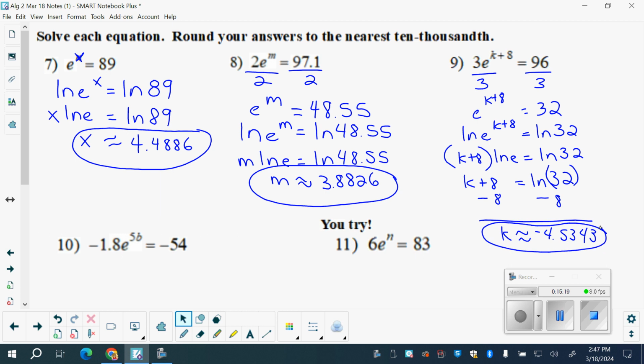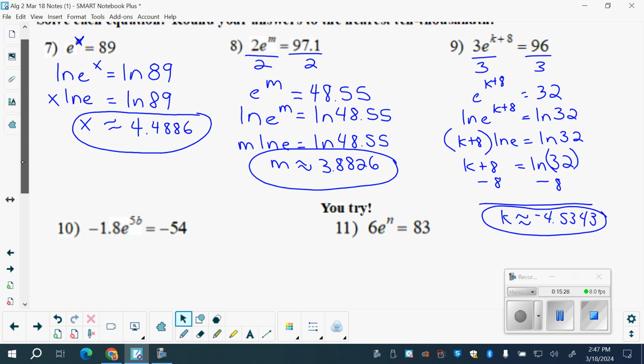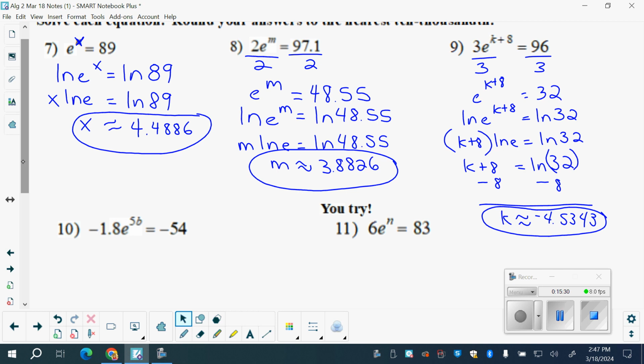See how you took just a couple seconds there to think about it? It's easy to forget. I like that you took some time to think about whether you needed to round or not. Okay, what's the first step on number 10? In that group back there, what's our first step on number 10?